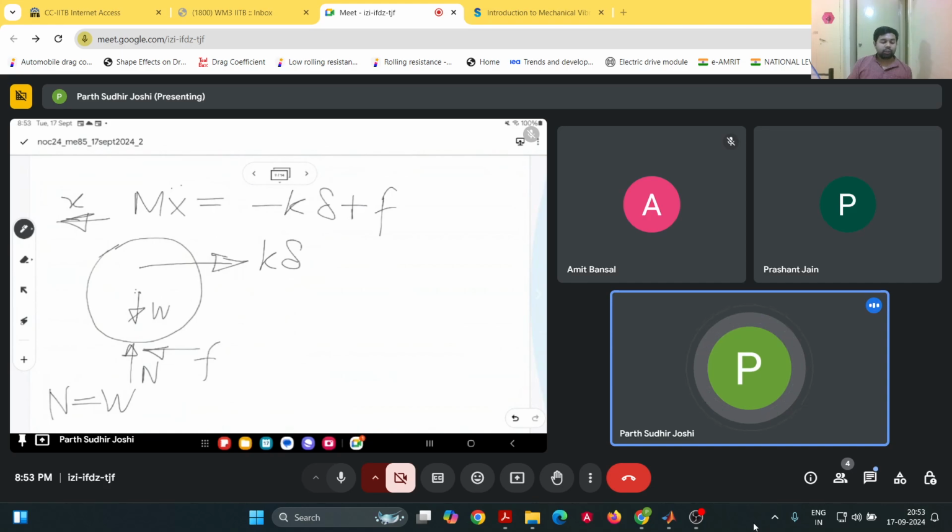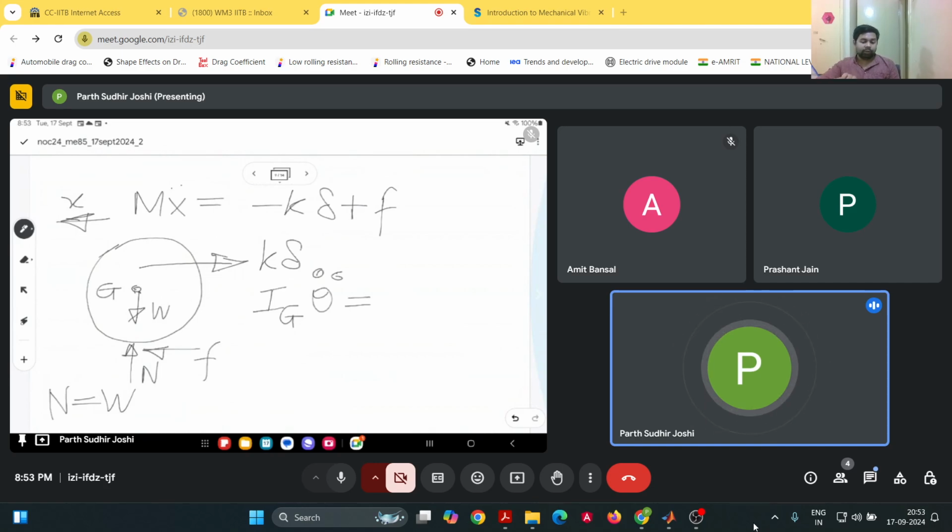And the other equation can be the moment about the center of mass. So this is the center of mass G, let us say. So moment of inertia about the center of mass G into theta double dot, where theta is the angle of rotation. There will be two forces providing the moment.